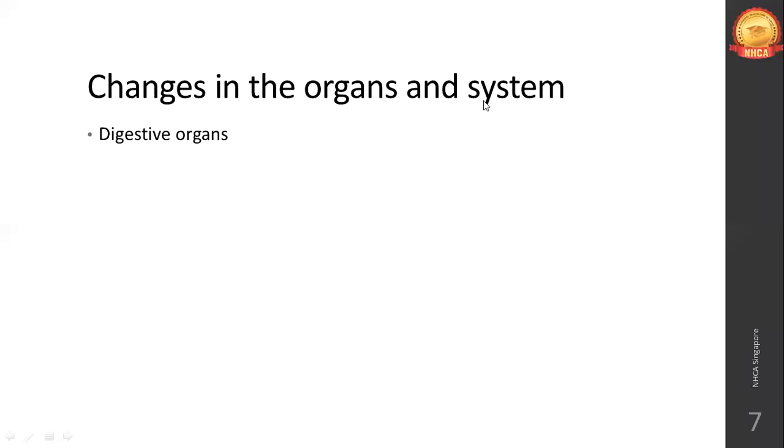Atrophy means what? People from a medical background, what do you mean by atrophy? Atrophy means decrease in size and number.